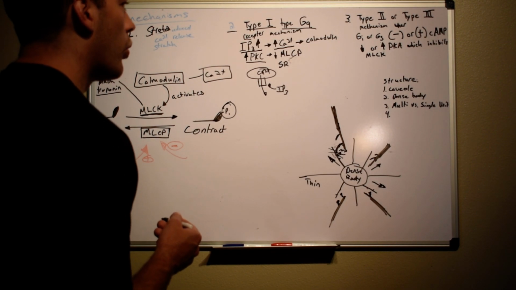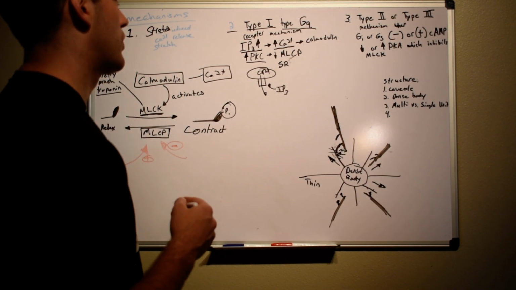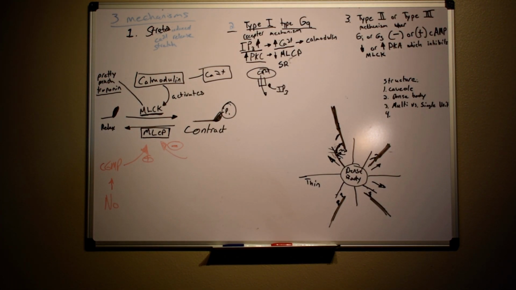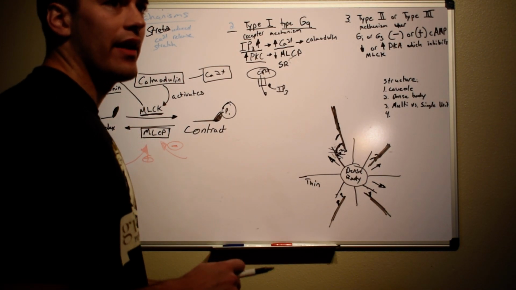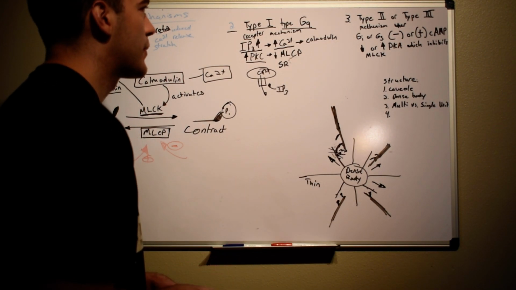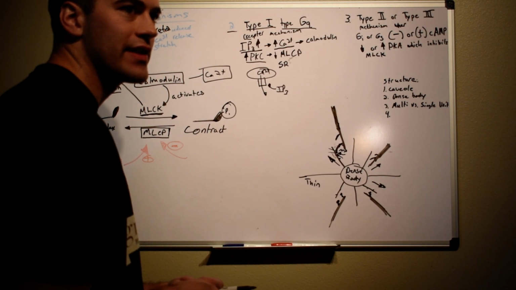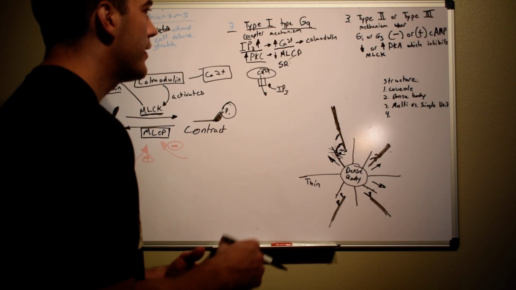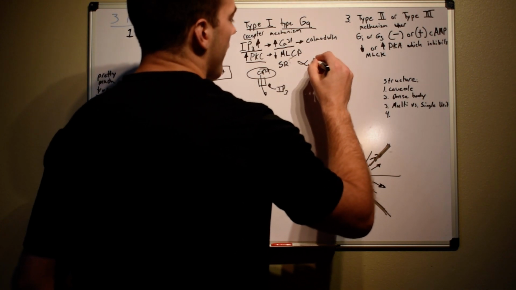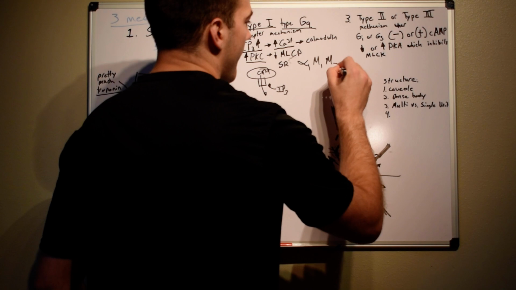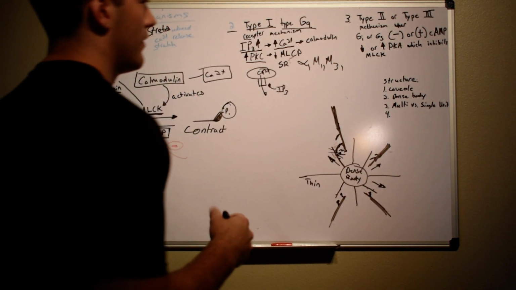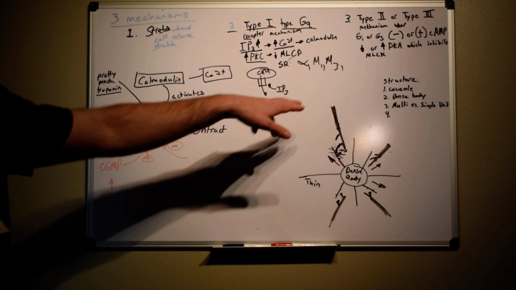So this is the type 1 Gq protein receptor mechanism. Okay? And where was this used, or what kind of receptors was this used at in the autonomic nervous system? Try alpha-1, M1, M3. Ring any bells?